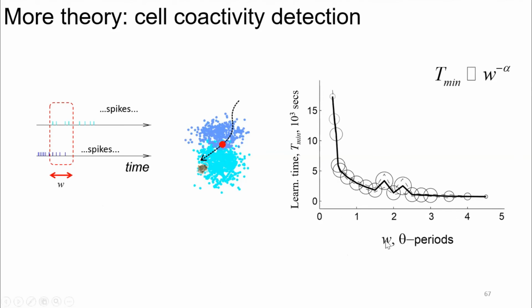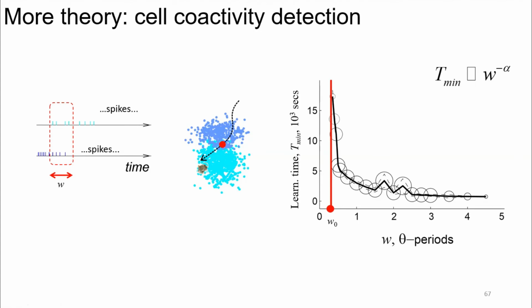This axis shows the size of the temporal window that defines coactivity, and this is learning time. What you see is that, first of all, when W is too small, you cannot encode the topological map because you don't detect enough coactivities.